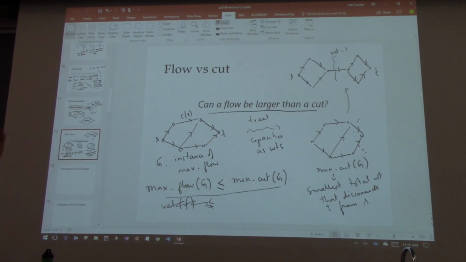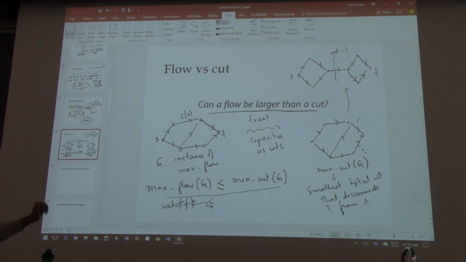Because a cut represents a bottleneck. If you remove those edges, there can be no flow from S to T. And that's all I'm saying so far. So far I've just established that max flow is less than or equal to the min cut.